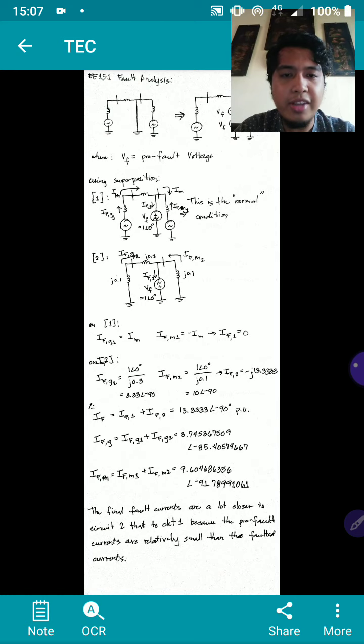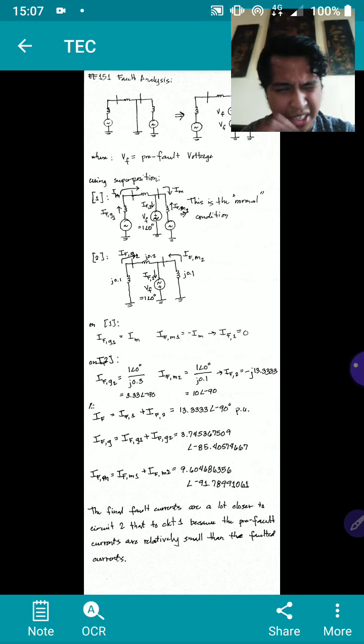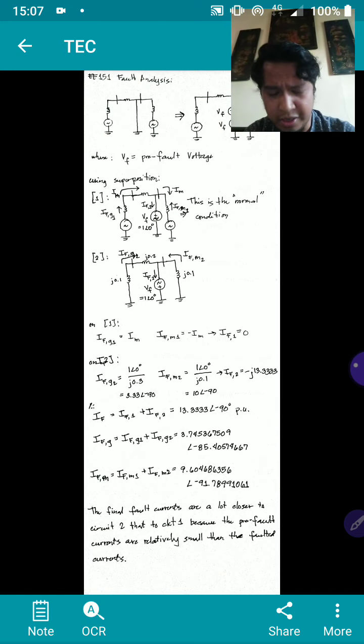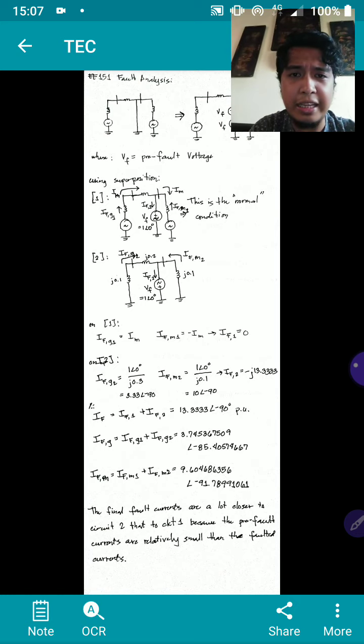I guess for this example, we assume that the fault happens at the bus. So there are times where the fault happens in between, somewhere within the line, a certain percentage of the line.